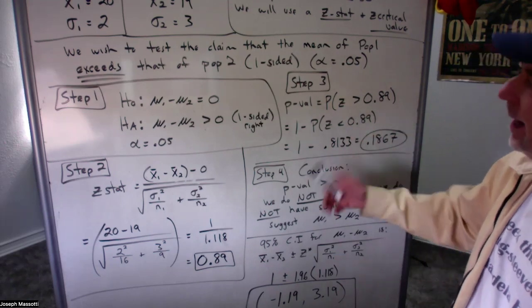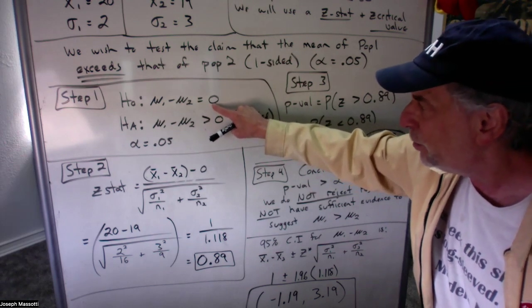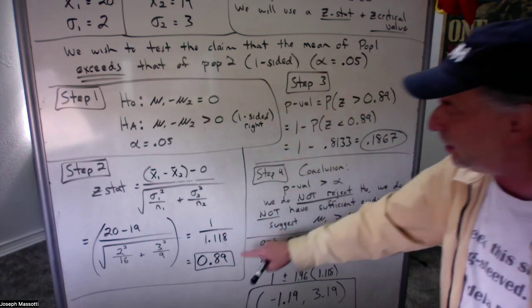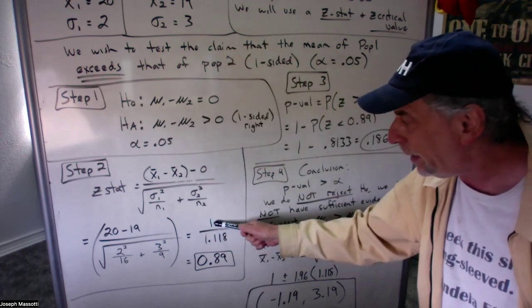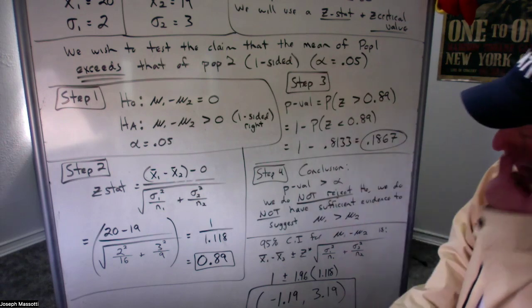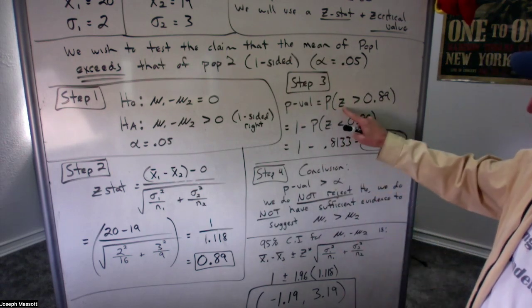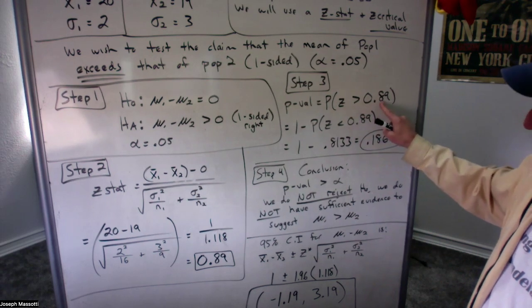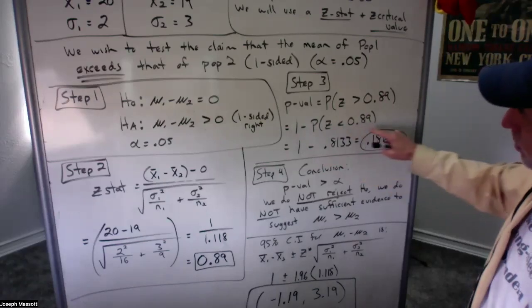So how surprising is that result? If there is no difference between the two population means, what's the probability that we get a difference as large as 1 from those sample sizes? Well, we calculate the p-value: the probability of getting a Z larger than what we got, 0.89. I use the complement method here.